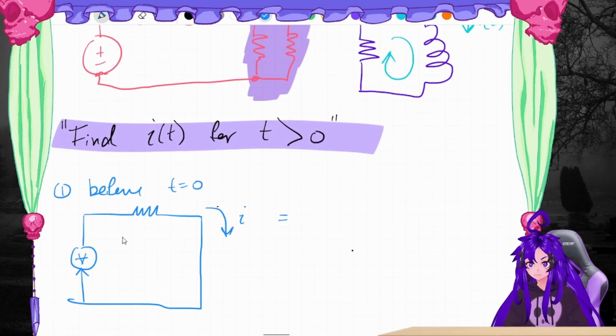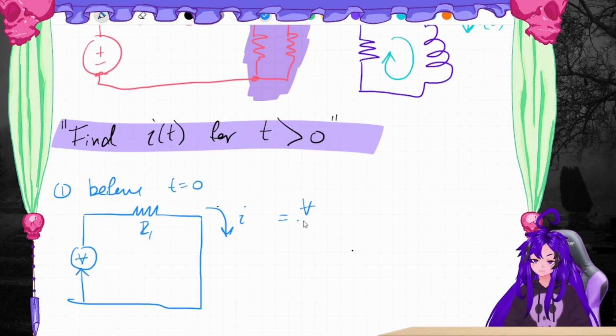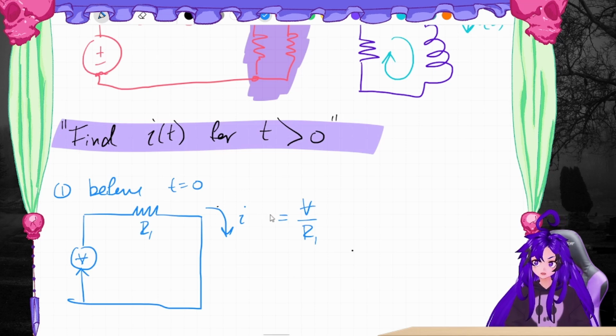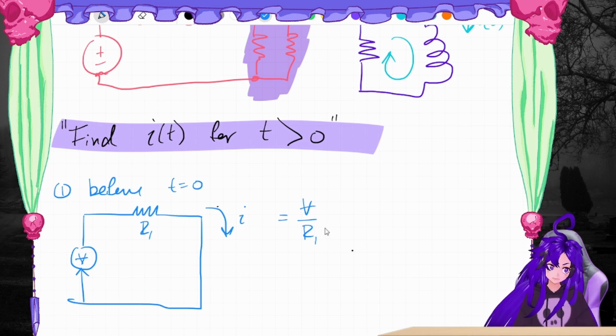It's just V over R1. And it's still going to be V over R1 when t equals 0 and it cuts off, for the instant that t equals 0.